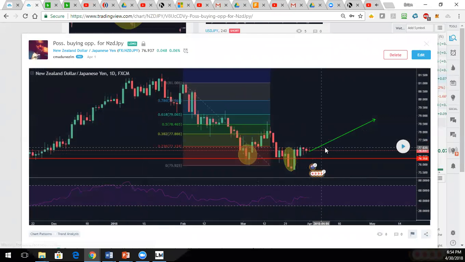So let's say here, price is right here, right? Price at this point in time is at this level right here. And I'm saying, the moment price comes right here, I want to buy. But instead of me manually clicking buy, as I showed you guys earlier, the robot pretty much will make a buy order for me.